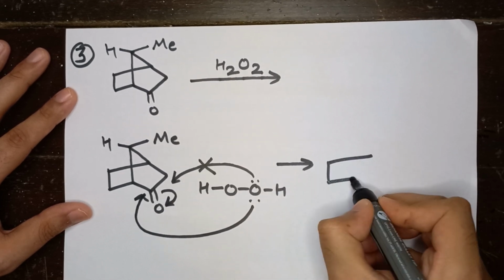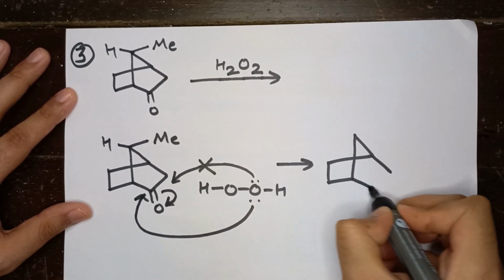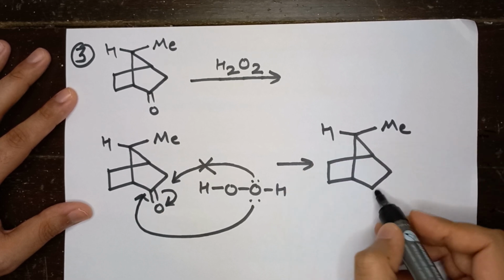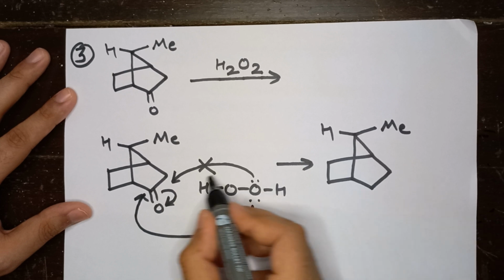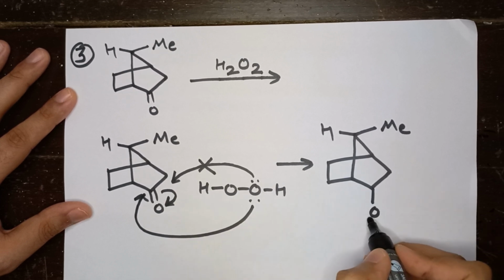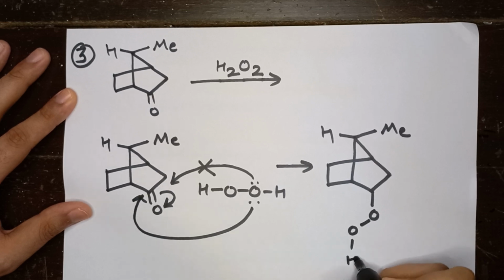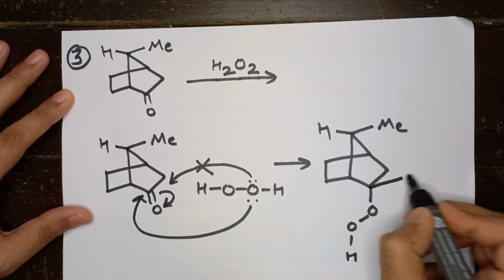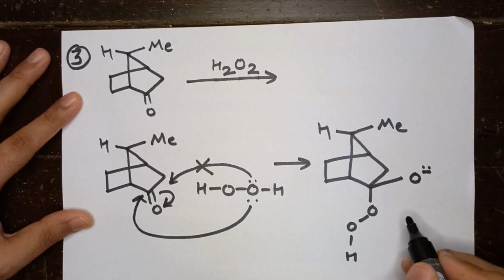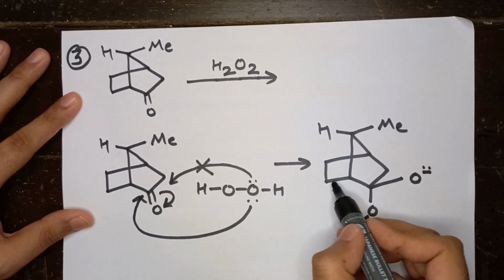So this one gives me methyl in the right side, hydrogen in the left side. This time we have this whole group present below the plane. So this is O, O, H, and this O minus is above the plane. Right? Now here we have two cases.